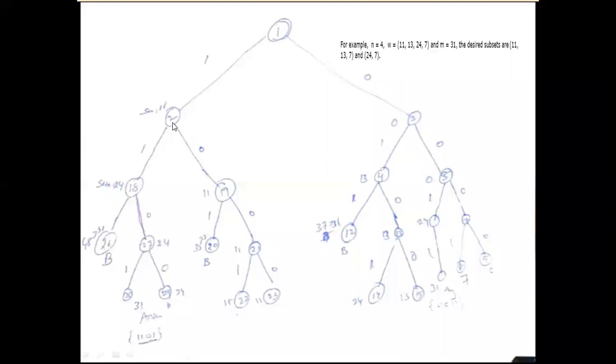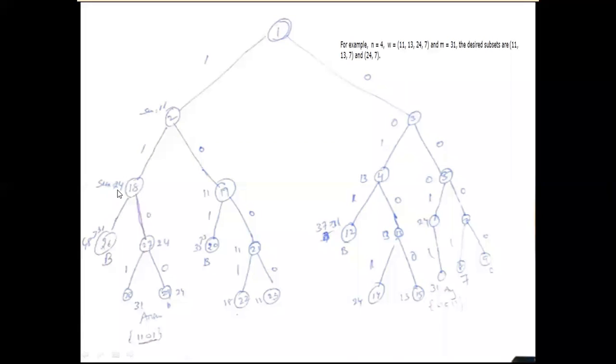Now the second node is expanded, and it generates child 18th node. The 18th node means you are including the first element and the second element in the sum.